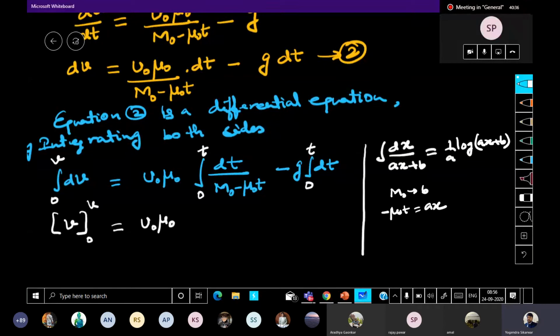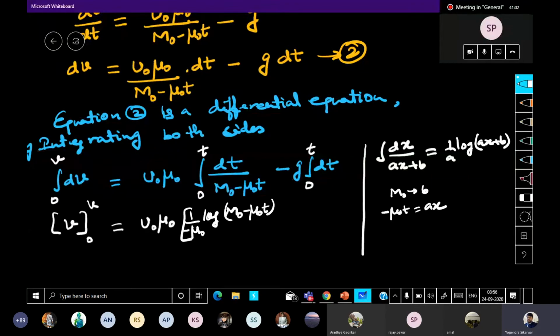All right, so integration of dt upon m naught minus mu naught t will be log of m naught minus mu naught t into 1 upon minus mu naught. Why? Because mu naught is multiplying with t.